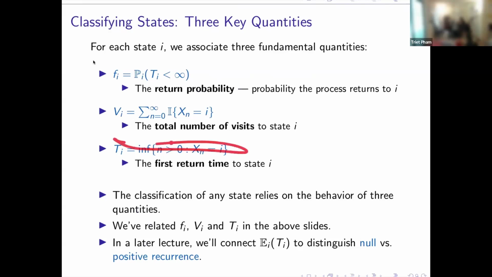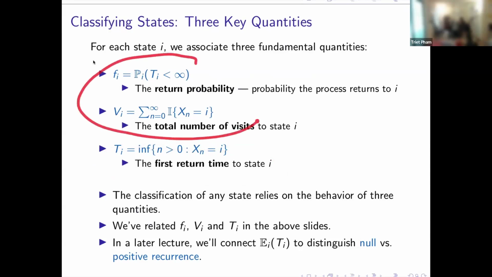This will not be prominent for now; it'll be prominent in the next lecture. But we'll look at these, apply them to the random walk, and show that they have the desired properties for recurrence and transience.